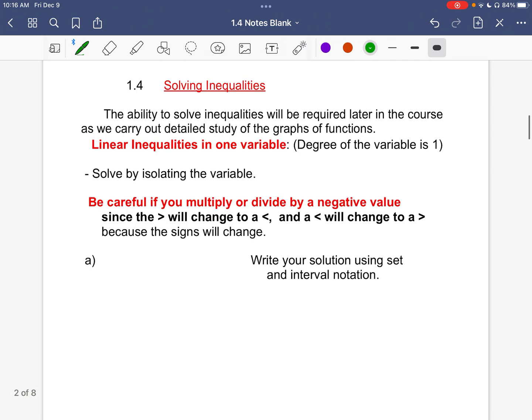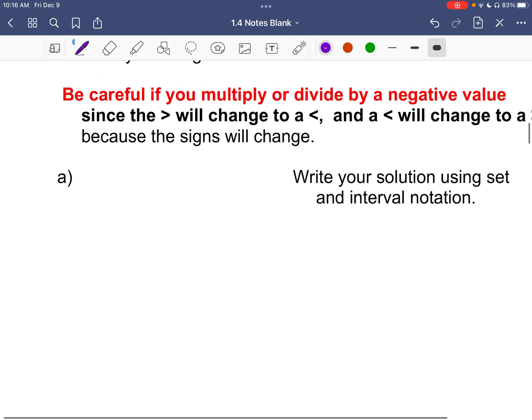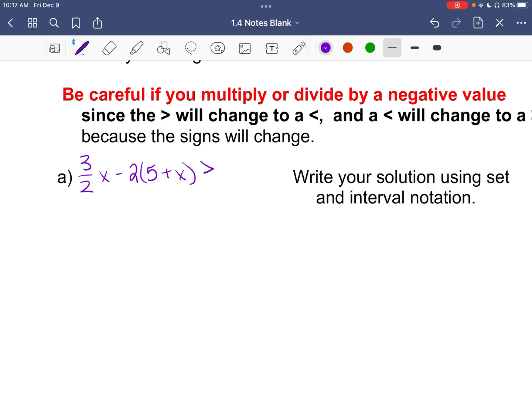So solving inequalities. Linear inequalities have one variable and the degree is 1. We're going to solve by isolating our variable. Apparently we don't have the inequality written here. It is 3 over 2x minus 2 times 5 plus x, which is greater than 4/3 x minus 10.